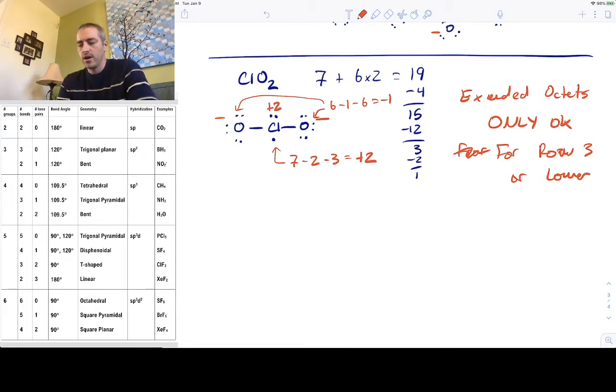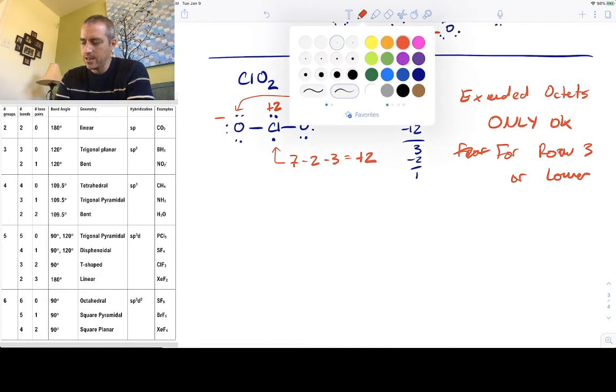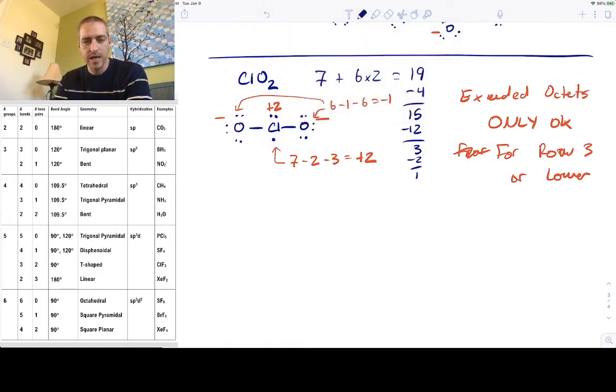With formal charges of greater than +1 or less than -1, so +2, +3, +4, almost certainly you have the wrong structure, because those sorts of high formal charges are really, really disfavored. So we said we can make multiple bonds. We said that would help the chlorine get a full octet, and that's only okay in this example because chlorine is in row 3.